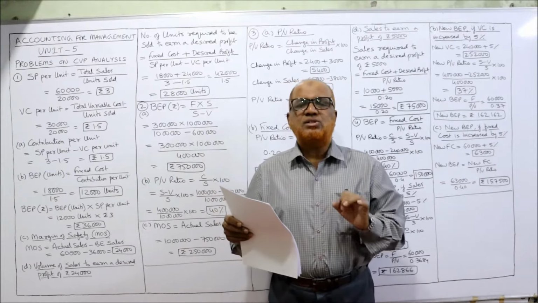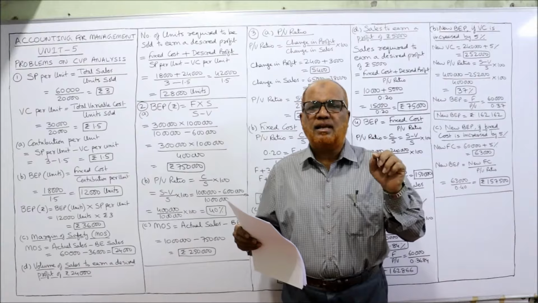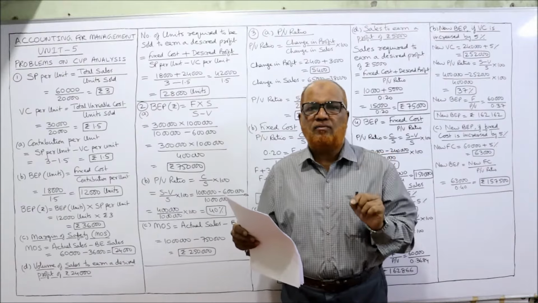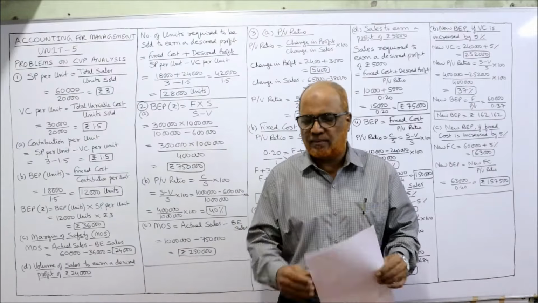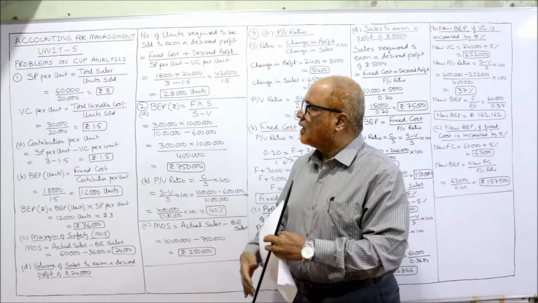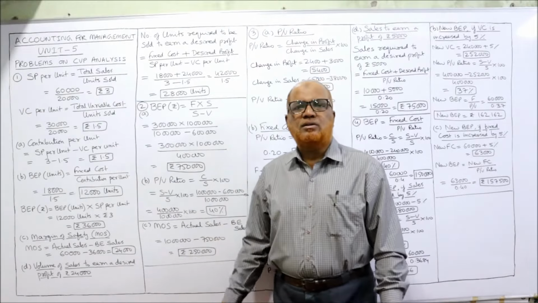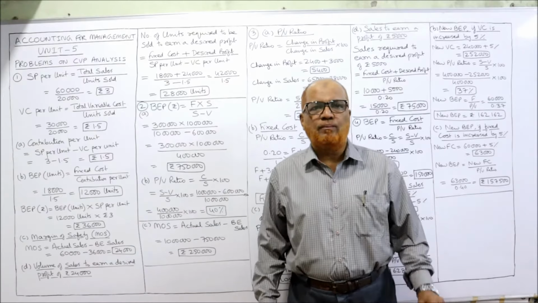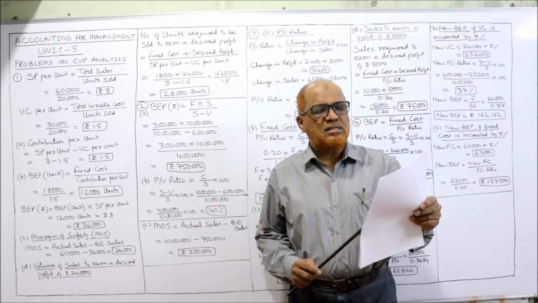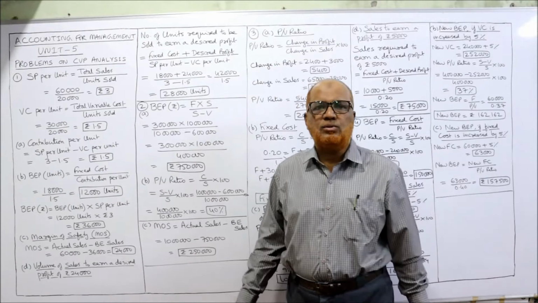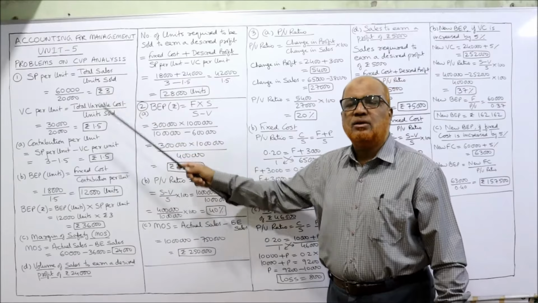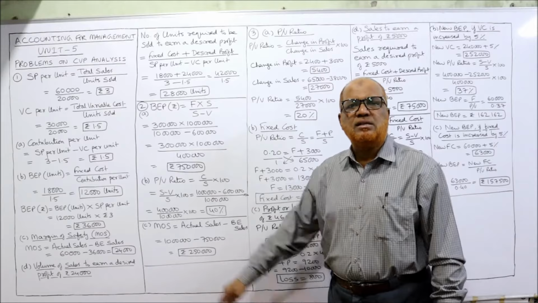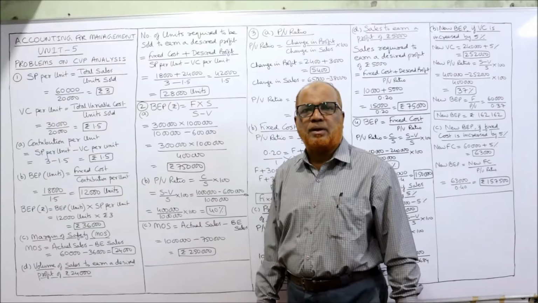From the data given, first of all, we calculate the selling price per unit and the variable cost per unit. See the solution carefully. Selling price per unit: the formula is total sales divided by units sold. Total sales are 60,000, units sold are 20,000, so 60,000 by 20,000 is rupees 3 per unit.